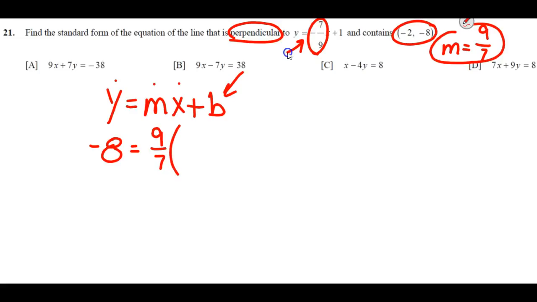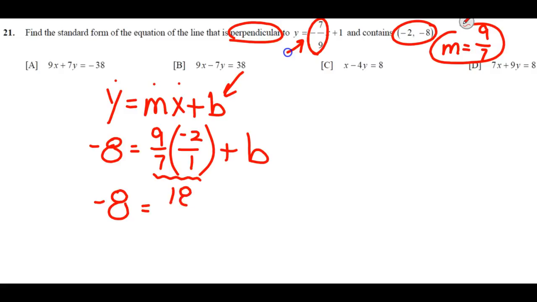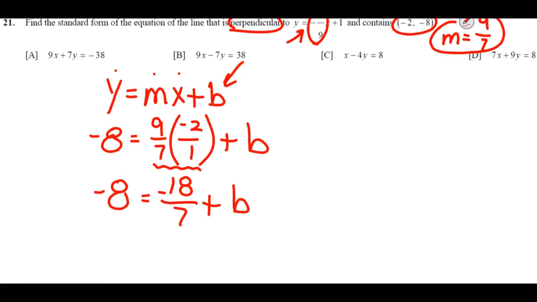I know what my x is, that's -2, and that's plus b. So here we go. So I'm going to simplify this part right here, nothing reduces. So I have -8 equals 18, which is now negative, over 7 plus b.